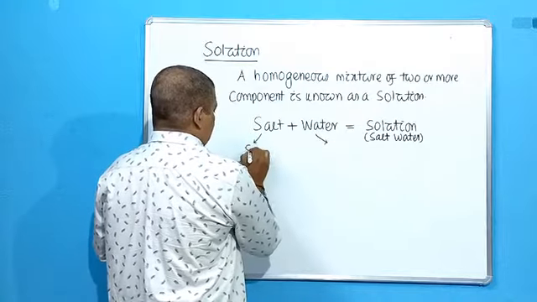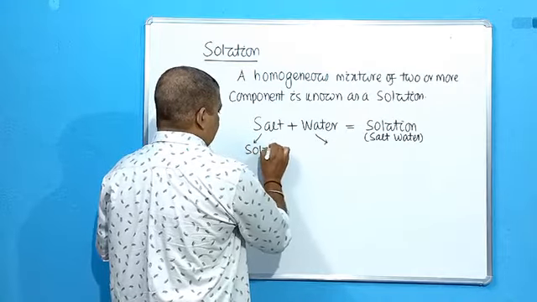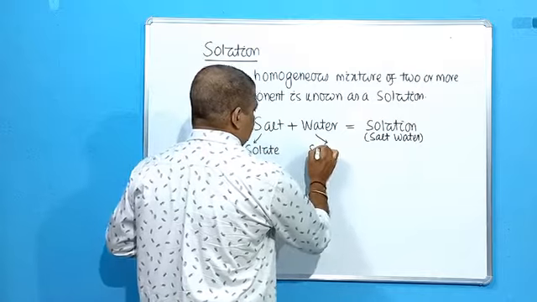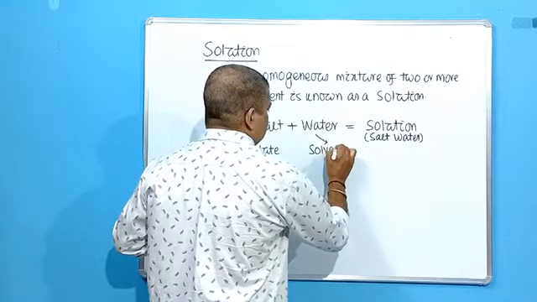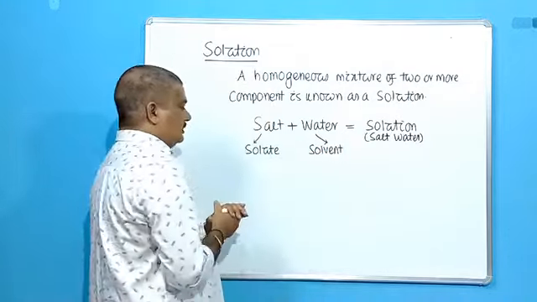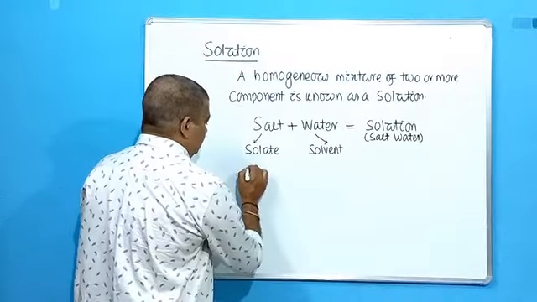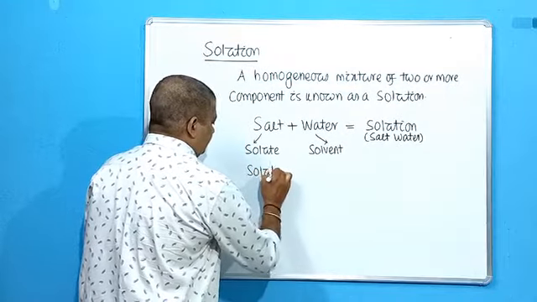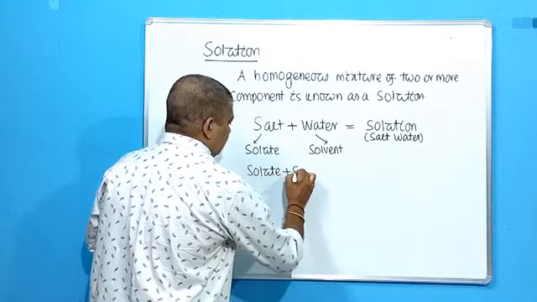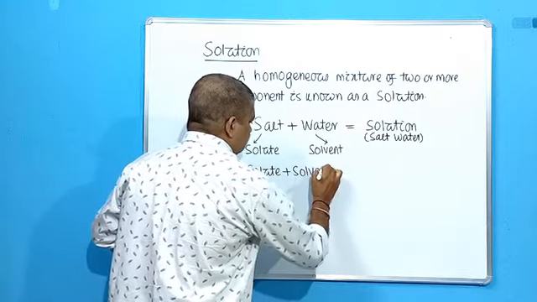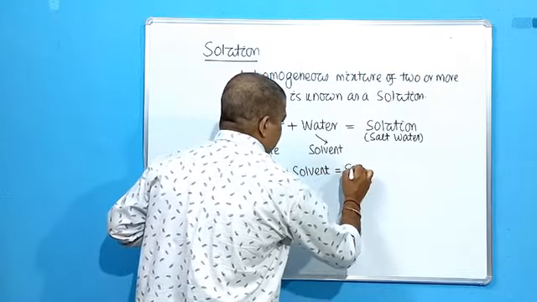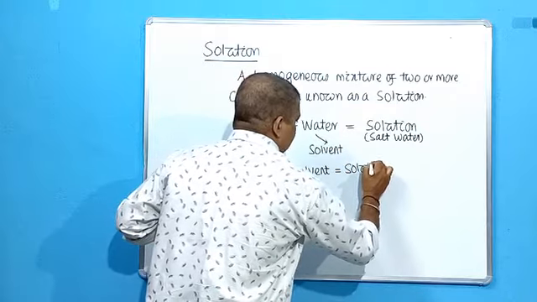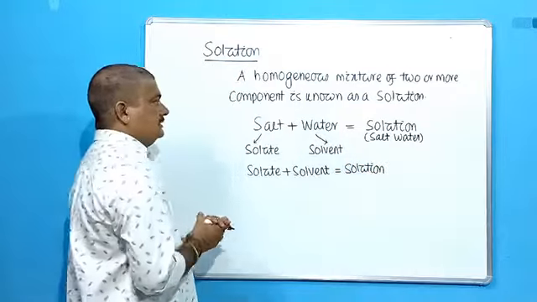This is called the solute. This is called the solvent. And solute plus solvent gives you the solution. So that is the basics of a solution.